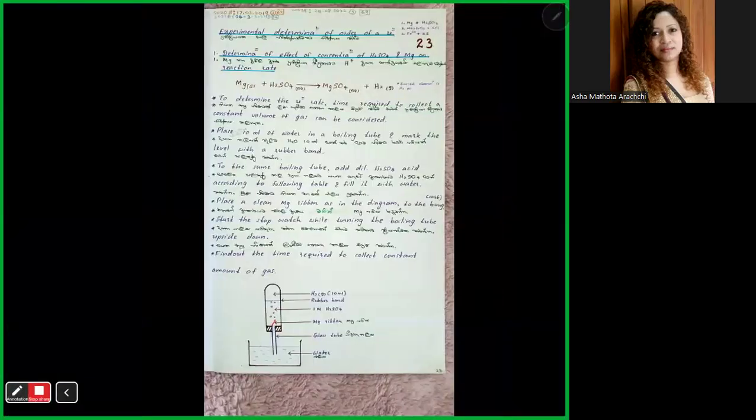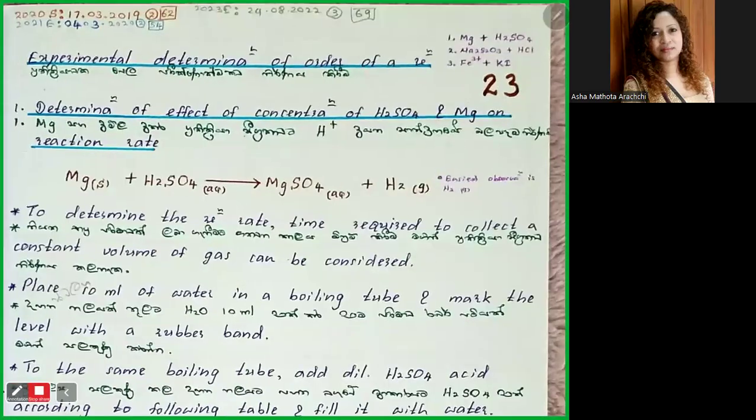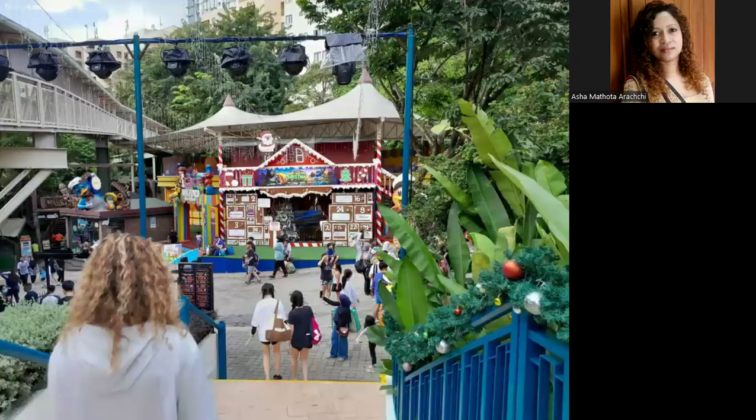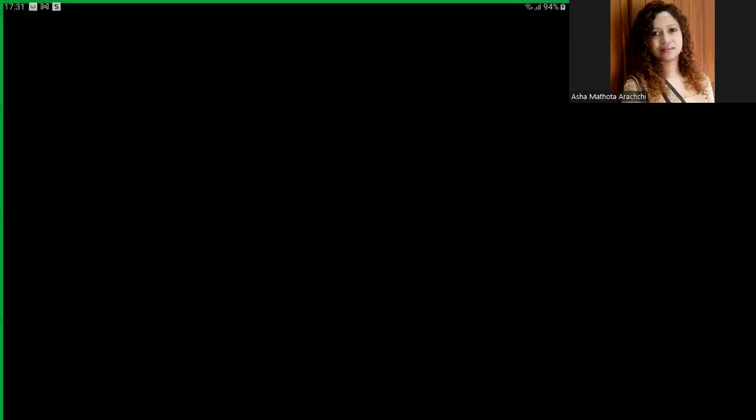Since the first one has magnesium and H2SO4, the magnesium is constant anyway. When you move to the HCl and thiosulfate, both are aqueous, so we're going to make thiosulfate constant to find HCl, and HCl constant to find thiosulfate.